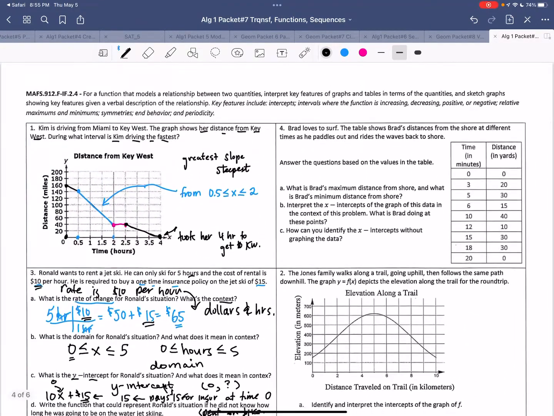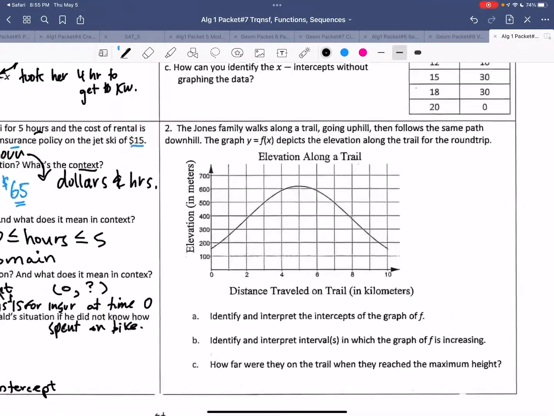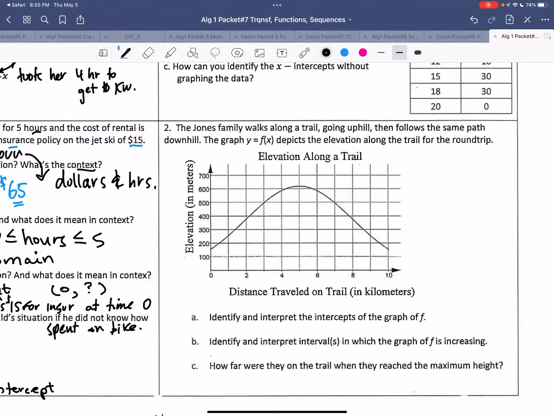Question number 2. Joan's family walks along a trail, goes uphill, and follows the same path. Here's the graph. This depicts the elevation, how high they are off the ground, and that's the distance traveled on the trail. Identify the intercepts. That's when this is 0.